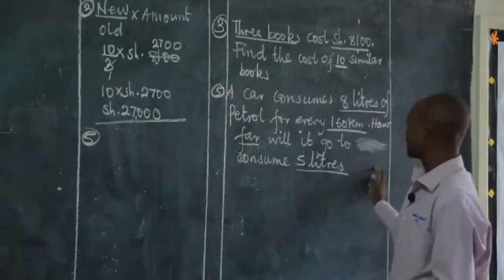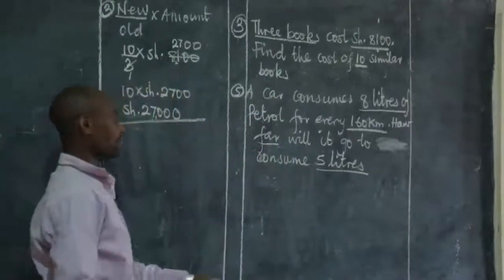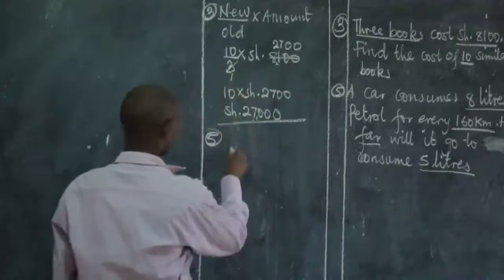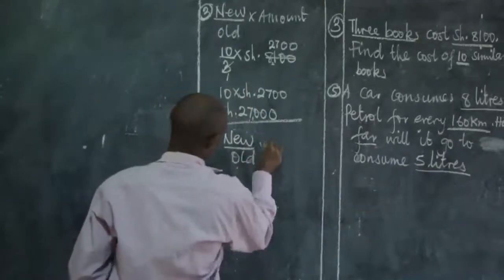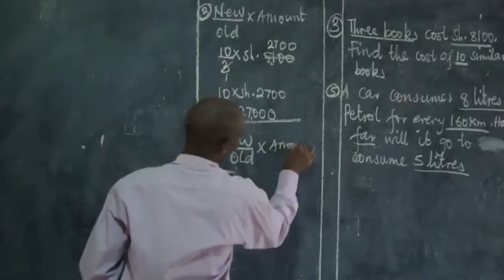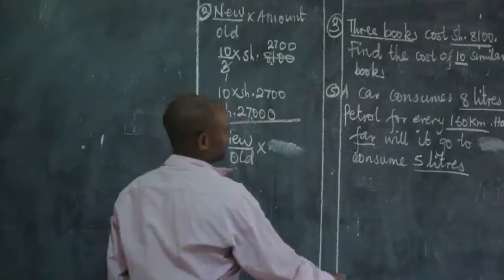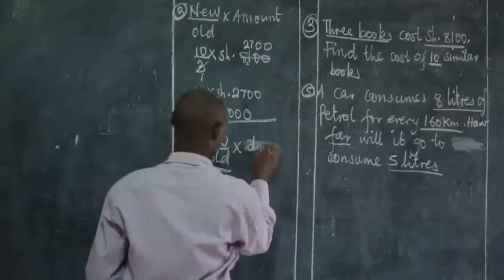That is the distance. So we are looking for the distance which is going to be covered in using 5 liters. Therefore, we are saying new out of old times the amount. But this time, this one is not amount, so we can call it maybe distance.